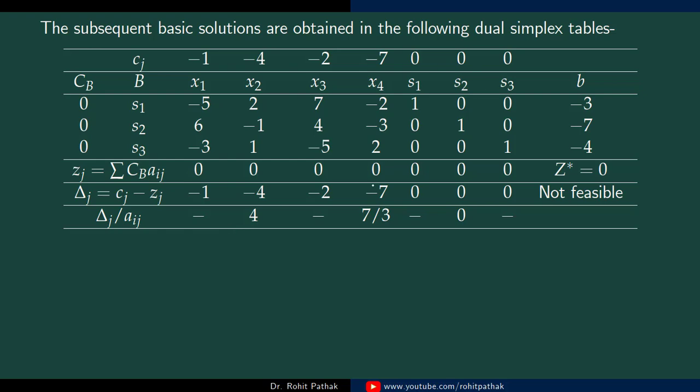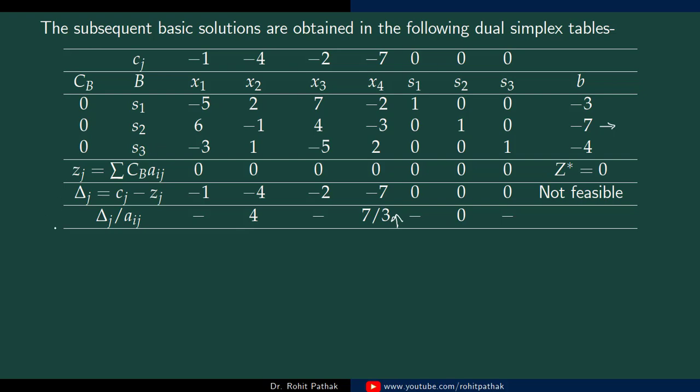So between these two, the least value is this. So this is the incoming variable. So x4 is the incoming variable and this is the outgoing variable. So s2 will leave the basis and x4 will enter the basis.